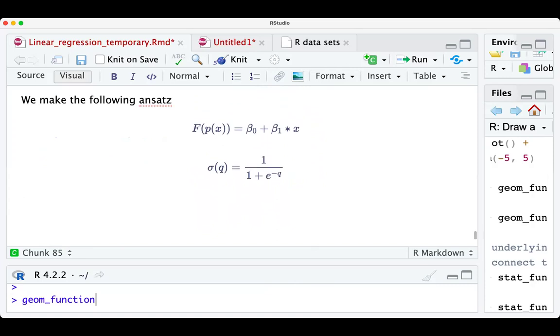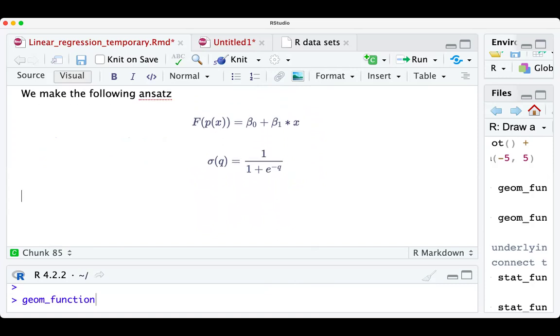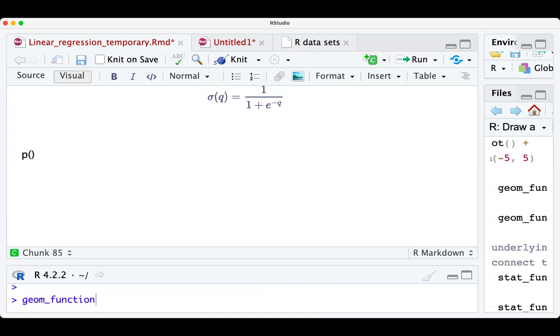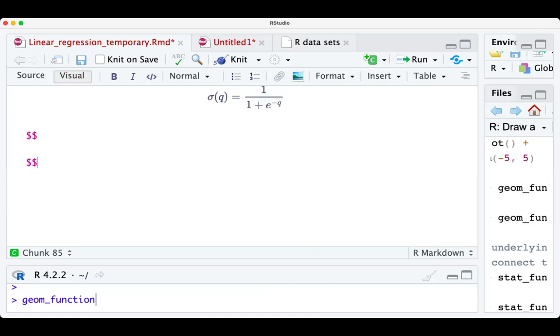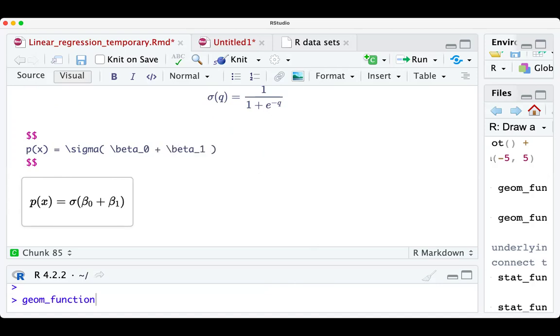So at the end of the day, we look for p of x in the following form, as sigma of beta 0 plus beta 1 times x.